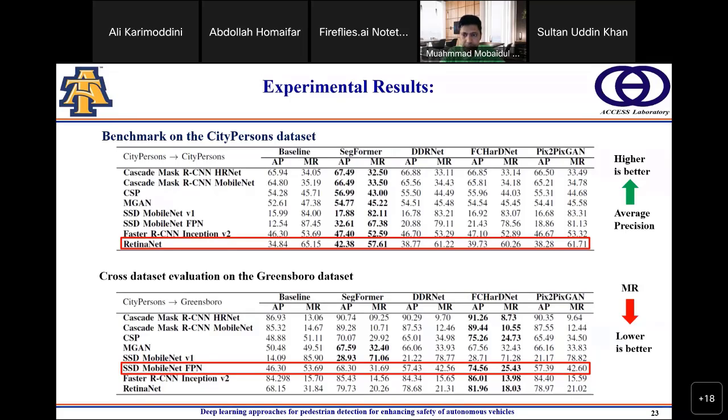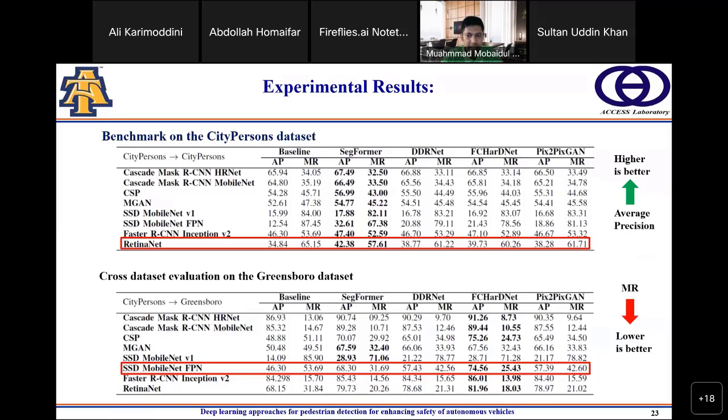Now we can observe that the performance of pedestrian detection is notably improved when fused with a pedestrian mask segmentation network using the proposed fusion inference method. For example, RetinaNet fused with SegFormer increases the AP from 34.84 to 42.38 and decreases the miss rate from 65.15 to 57.61 on the CityPersons dataset.